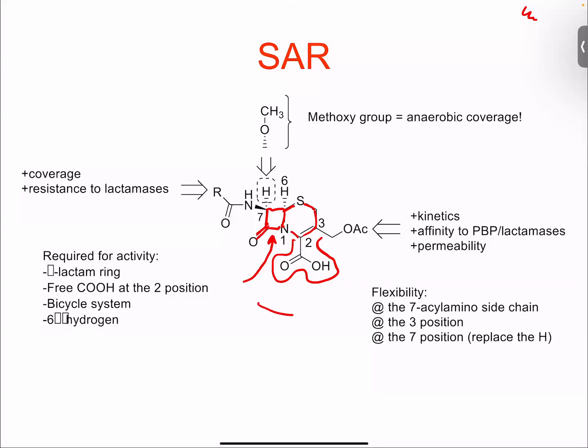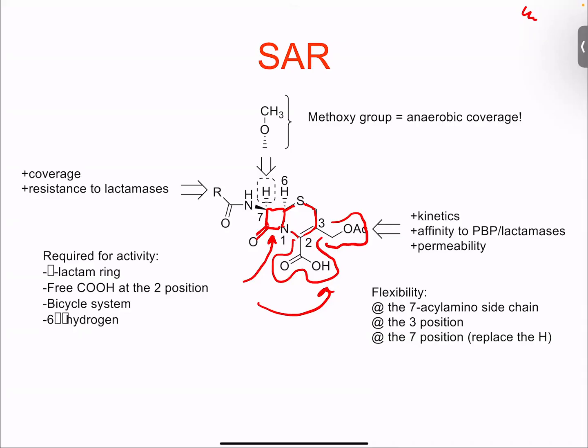Now, as we work our way around this system, we get to the 3 position. And in this particular model, you'll note that the 3 position is just an acetate. So the hydroxyl group has been protected and it's now an acetate. There's a couple cephalosporins that have been produced that maintain that particular display.